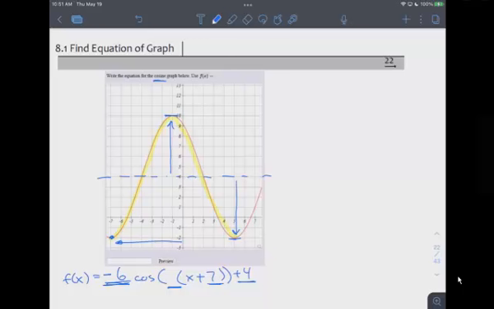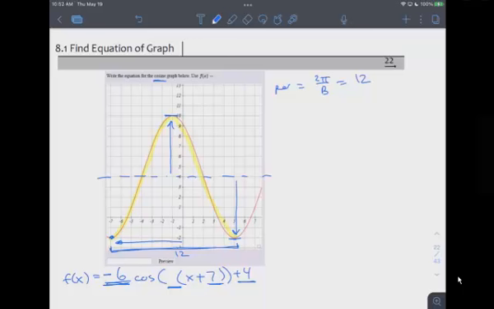And then the last thing is to find that b value. And remember, your period is equal to 2 pi over b for sines and cosines. And if you count one period here, from the minimum to minimum, negative 7 to 5, that's a total distance of 12. Okay, so this graph will repeat itself every 12 units.